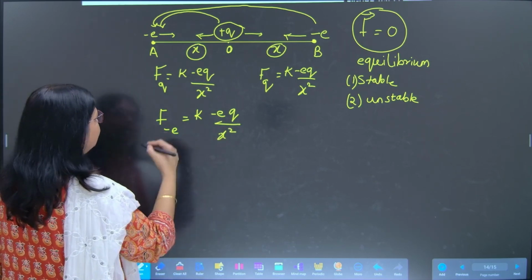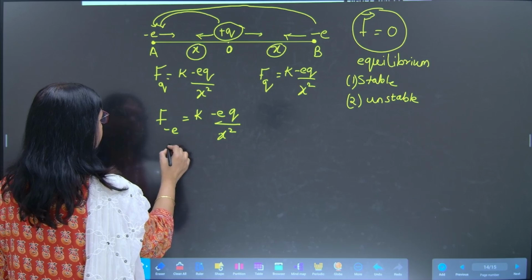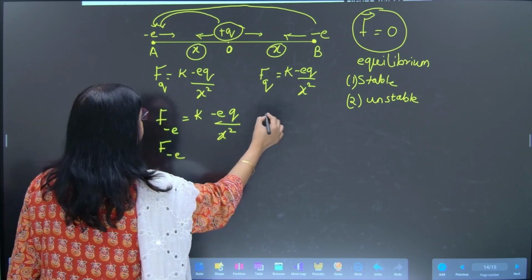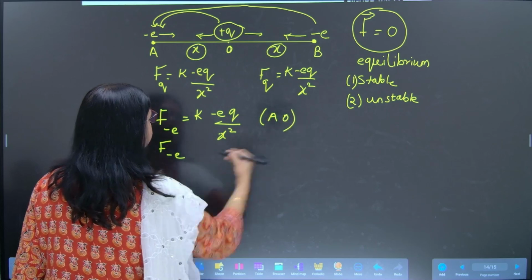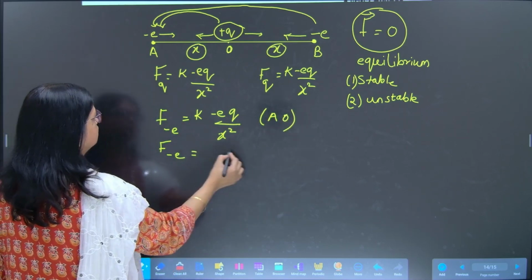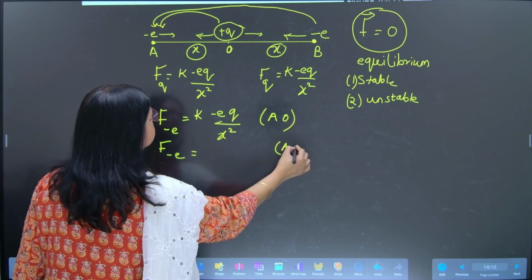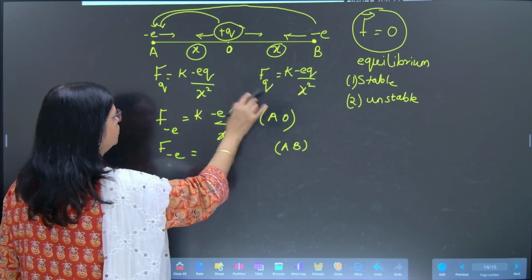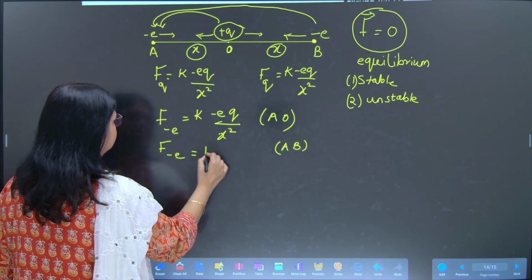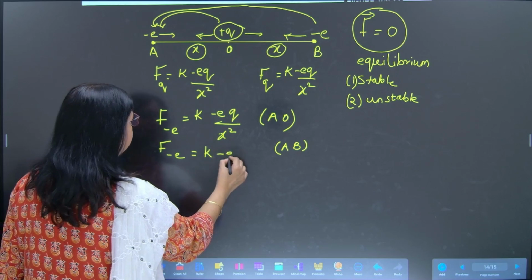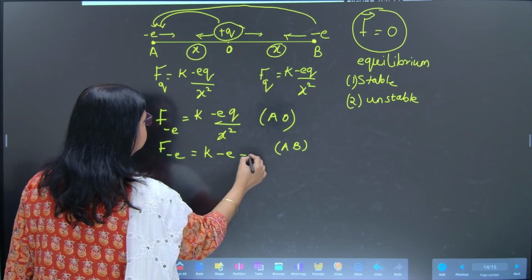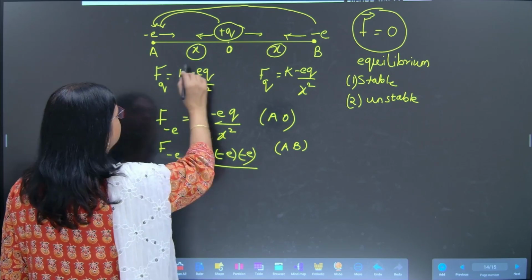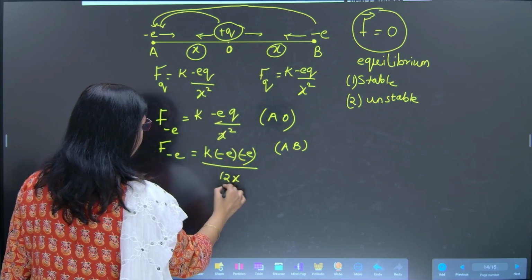The next charge is also exerting a force, which is between A and B, the force on A due to the charge at B. So that is K times minus E, again minus E, divided by 2x whole square.